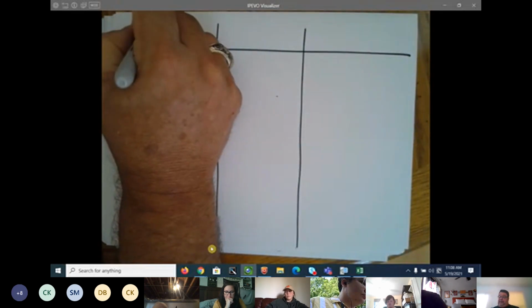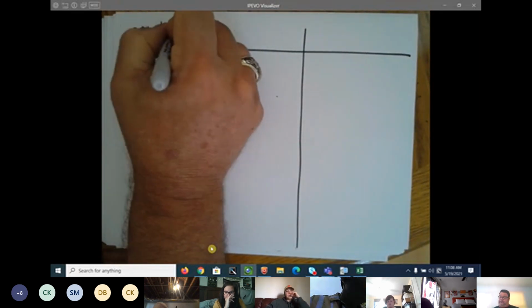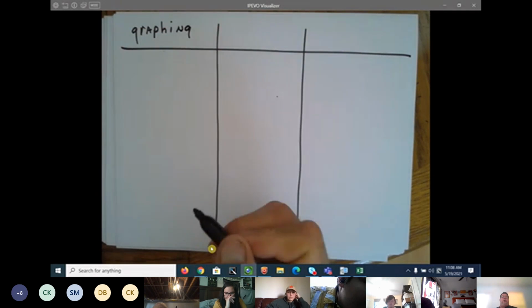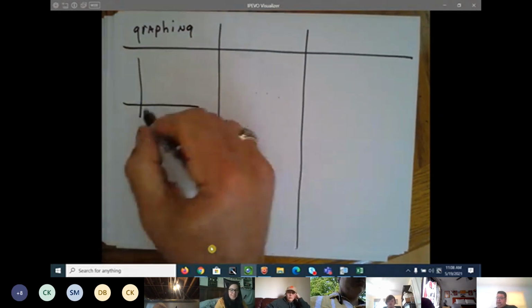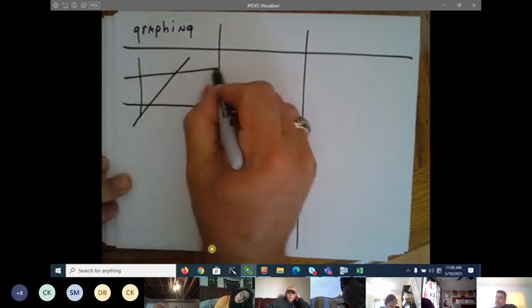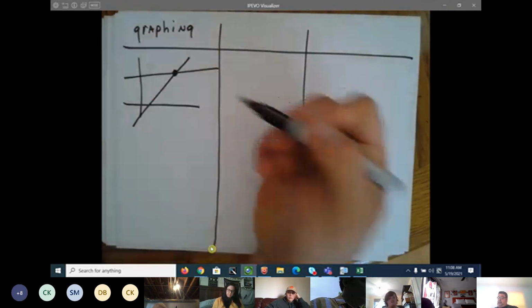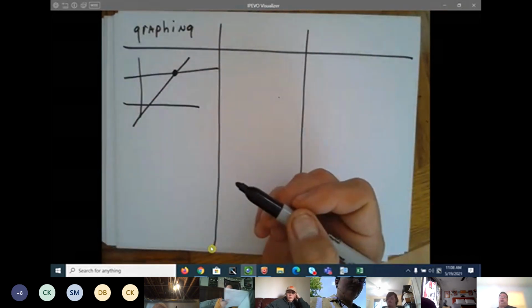One is by graphing. Graphing, where 2 lines intersect. That's the solution to the 2 equations.